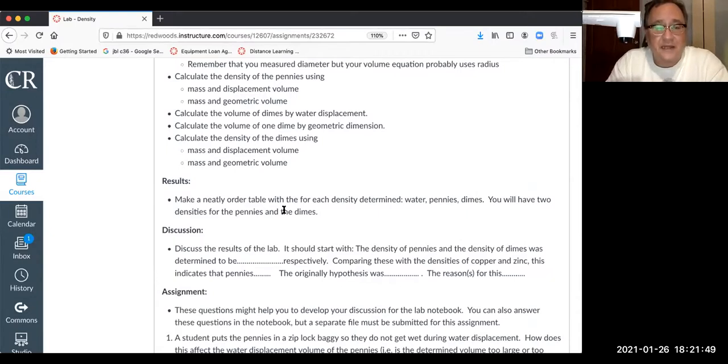Or it might indicate that pennies are mostly zinc and dimes are mostly copper. And if your original hypothesis is that pennies are copper and dimes are zinc, you'd say our original hypothesis was false. Then you might describe reasons for that. So that's how the discussion is going to go, and that's also going to help inform what we write in the introduction.